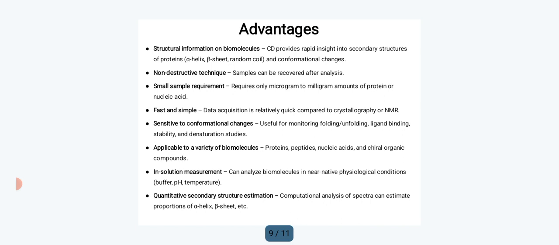Next, in-solution measurement, to analyze biochemicals near native physiological conditions like buffer, pH and temperature. And the last advantage is quantitative secondary structure estimation: with computational analysis of spectra, we can estimate the proportions of alpha helix and beta sheet. These are the many advantages.